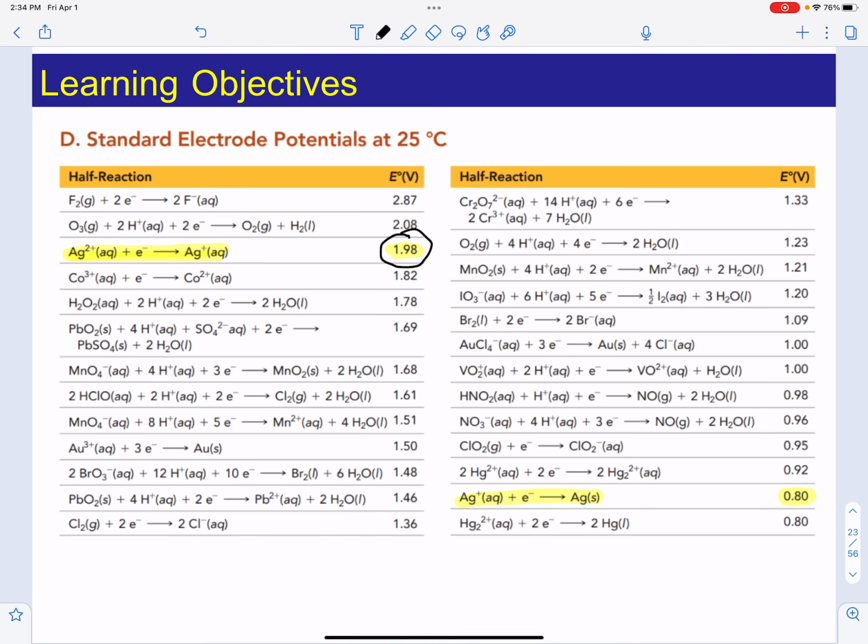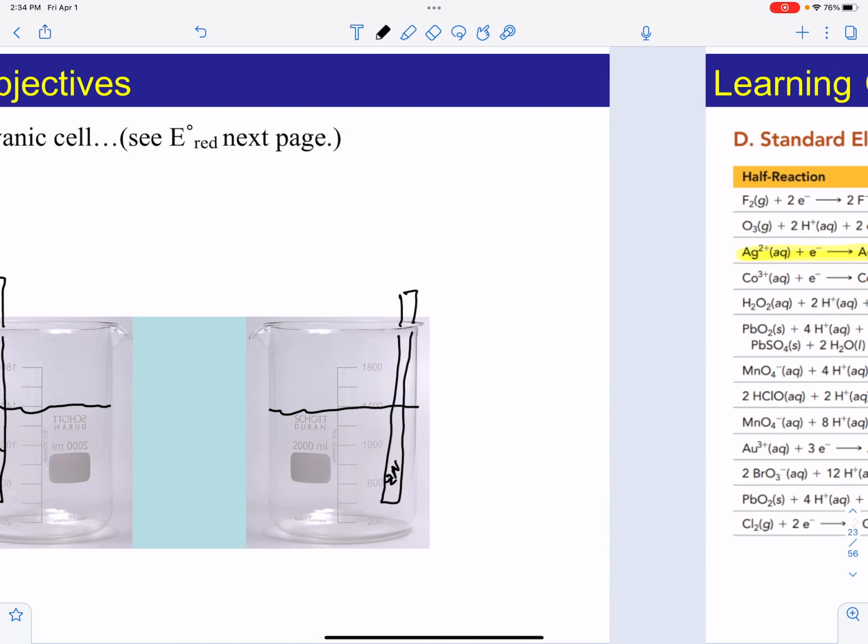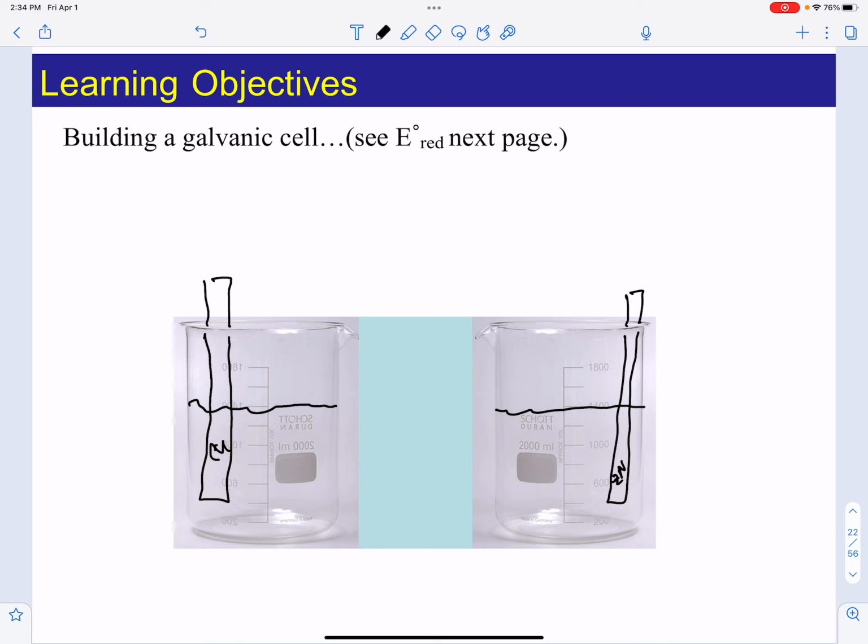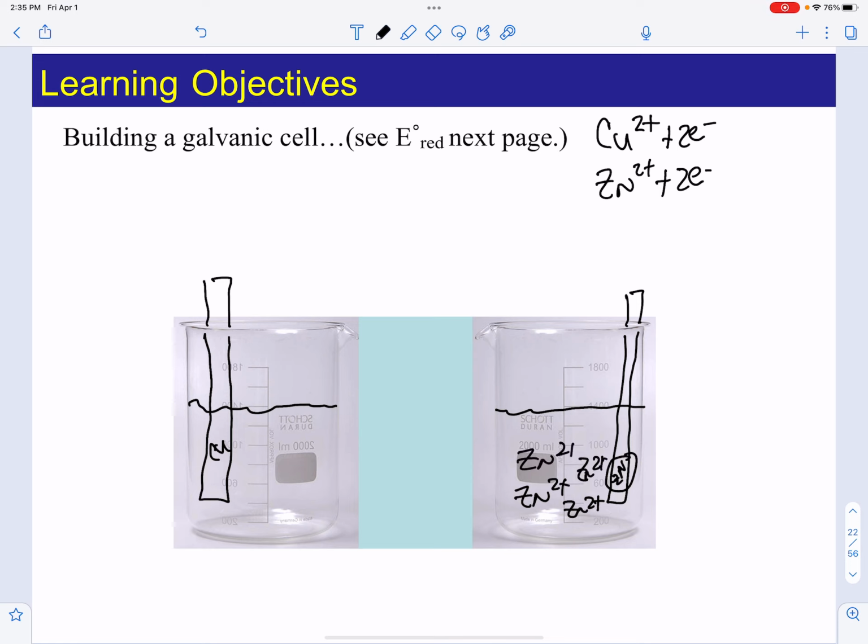And why does that matter? Because when we go back to our problem, we're going to have to compare copper 2 plus gaining electrons versus zinc 2 plus gaining electrons. Because remember, if this is zinc, my solution is going to contain the cation of the zinc.